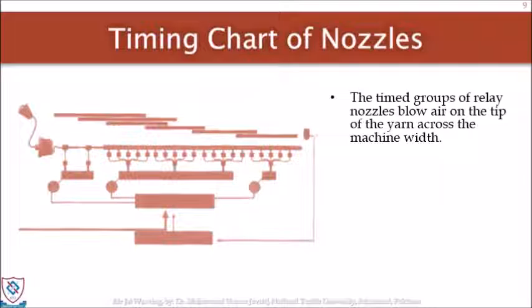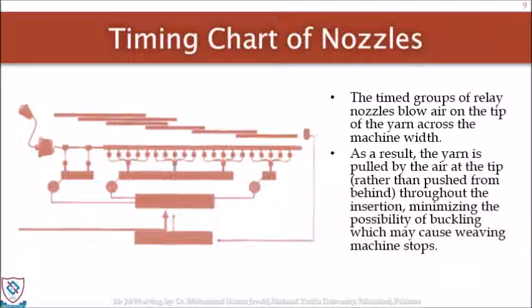So we exert pressure only at the tip of the yarn and the remaining yarn follows along. In this way we prevent buckling. Buckling means the folding of the yarn. If yarn gets folded at any position throughout the whole weft insertion, from left to right of the machine, this is not good and will cause problems.